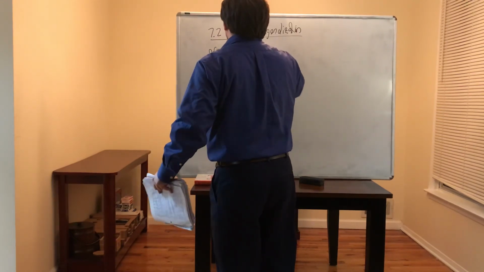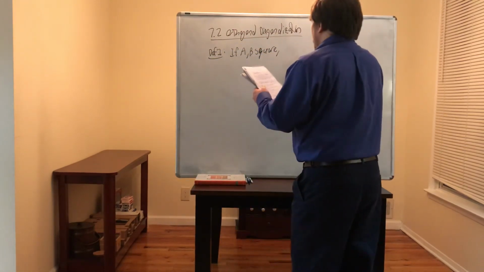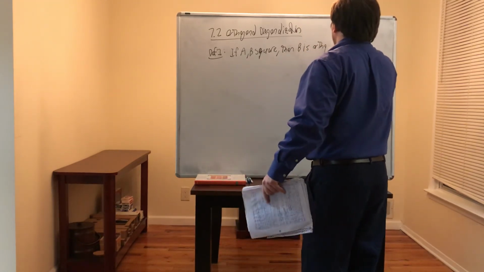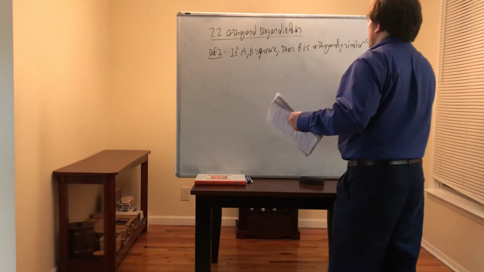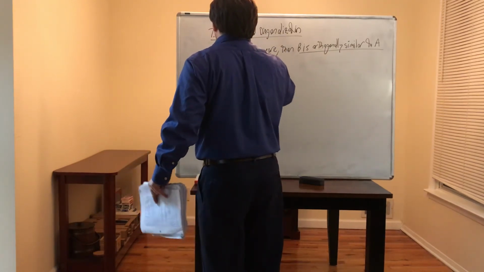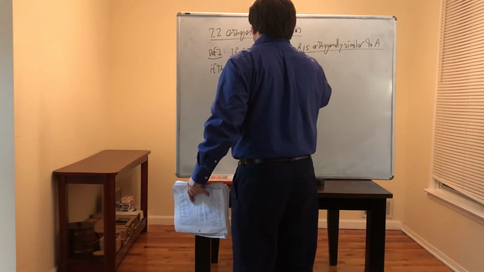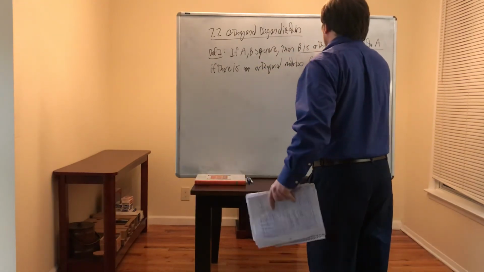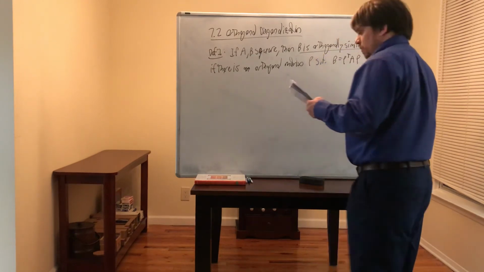If A and B are square, then B is orthogonally similar to A if there is an orthogonal matrix P such that B equals P transpose AP.